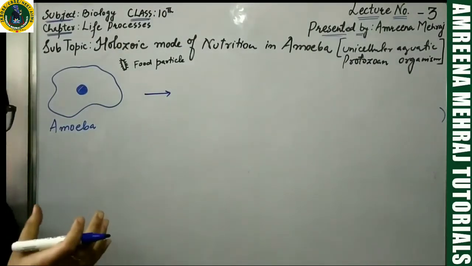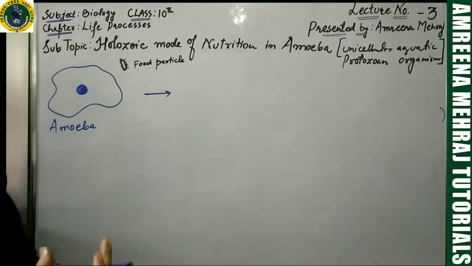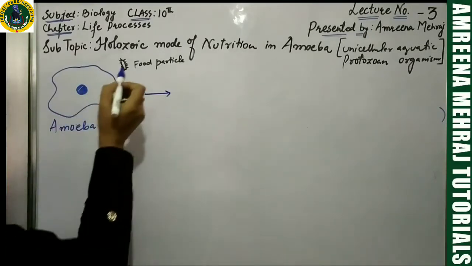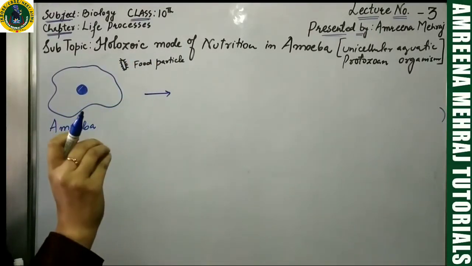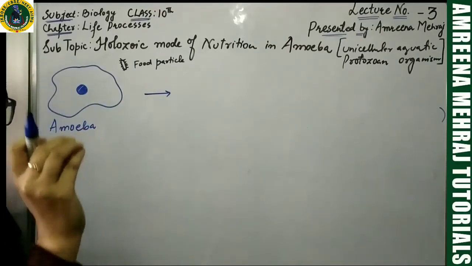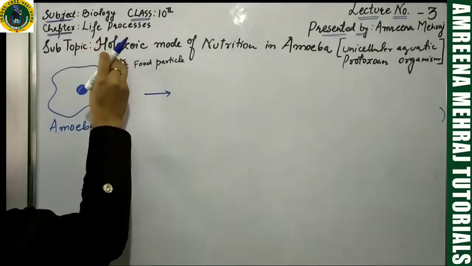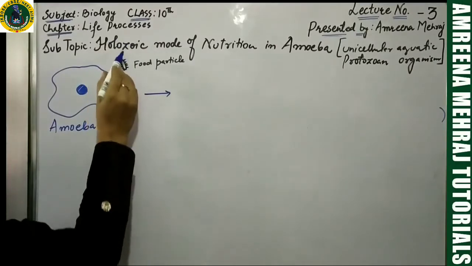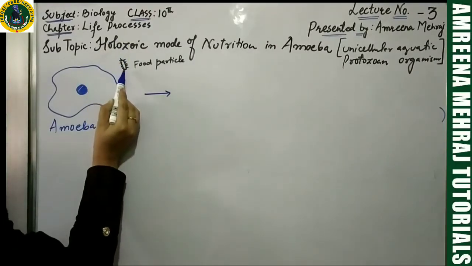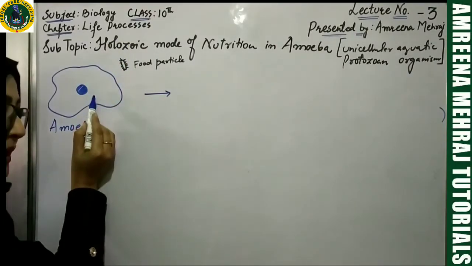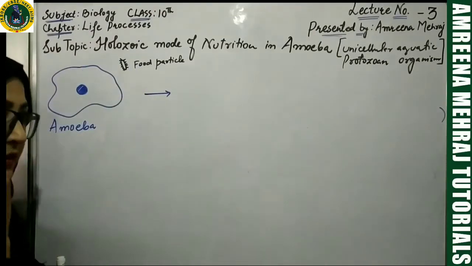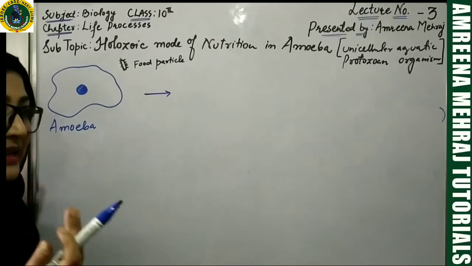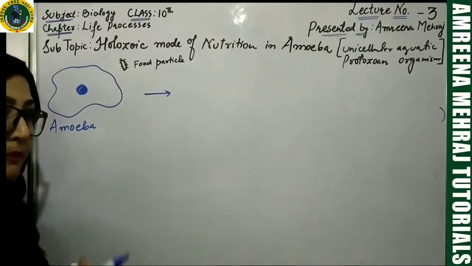Now comes this concept of chemotaxis. Basically, this food particle will secrete, or it will produce certain chemical substances which will be diffused in this particular area. And those chemical substances will act as a stimulus for the amoeba to sense the food particle. You have to think like amoeba doesn't have eyes so that it will see that there is a food particle.